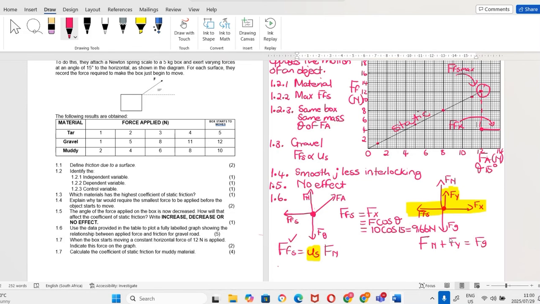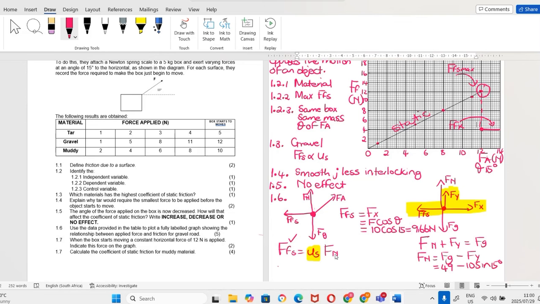But to calculate Fy, we could say 10 sine 15 degrees. So the normal force is equal to Fg minus Fy, which is equal to 49 minus 10 sine 15 degrees.